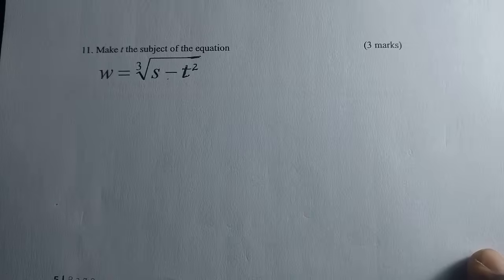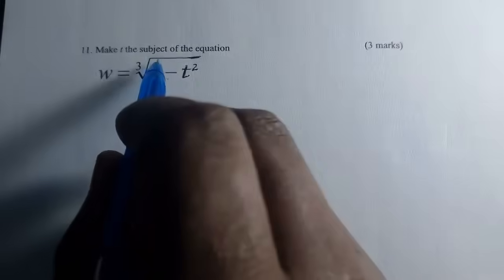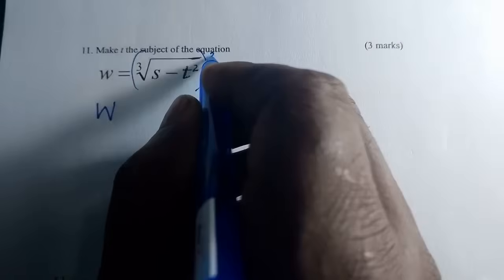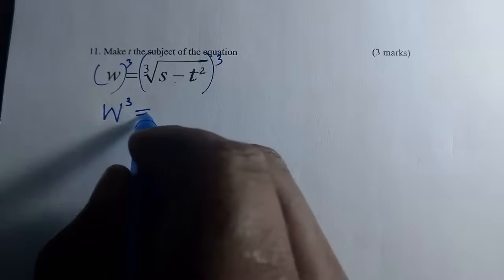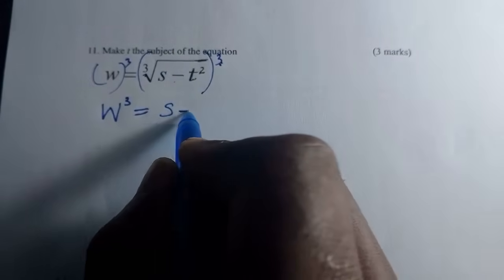Of the formula, make t the subject of the formula. So first I need to remove the cube root. How do you remove the cube root? You cube both sides. So we have this cube and the cube root will cancel out. We will remain with s minus t squared.